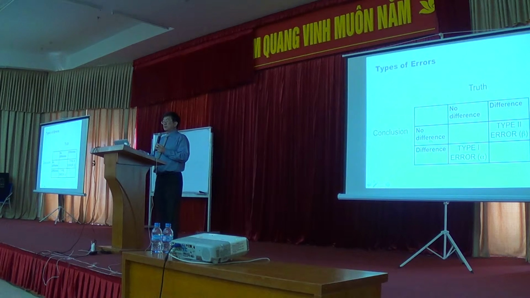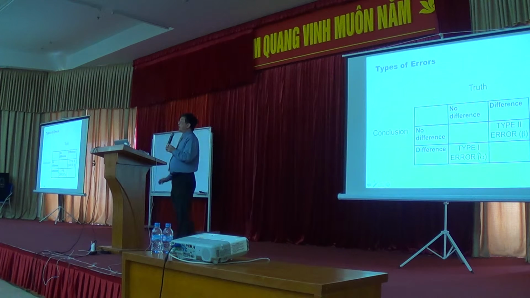If the test tells us that there's no difference, and there is indeed a difference, then we have committed a type 2 error. If in fact there is no difference, but the test is telling us that there is a difference, then we have committed a type 1 error.